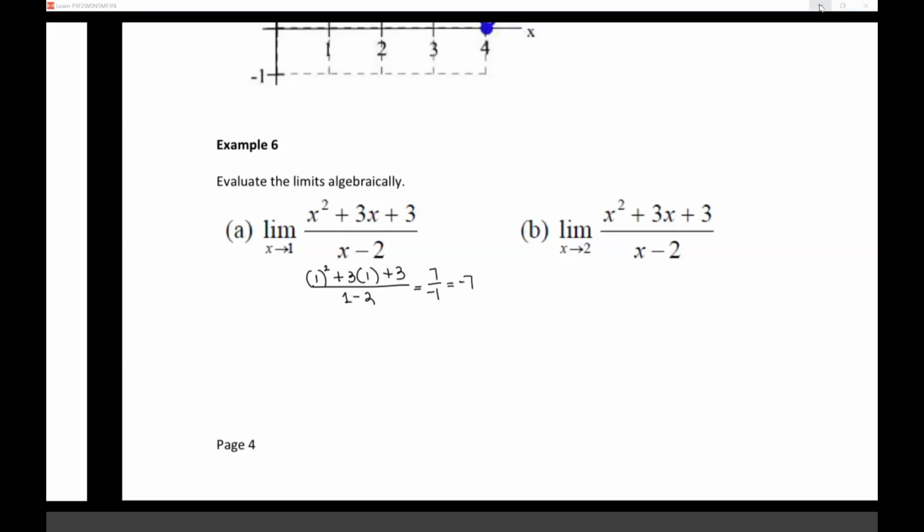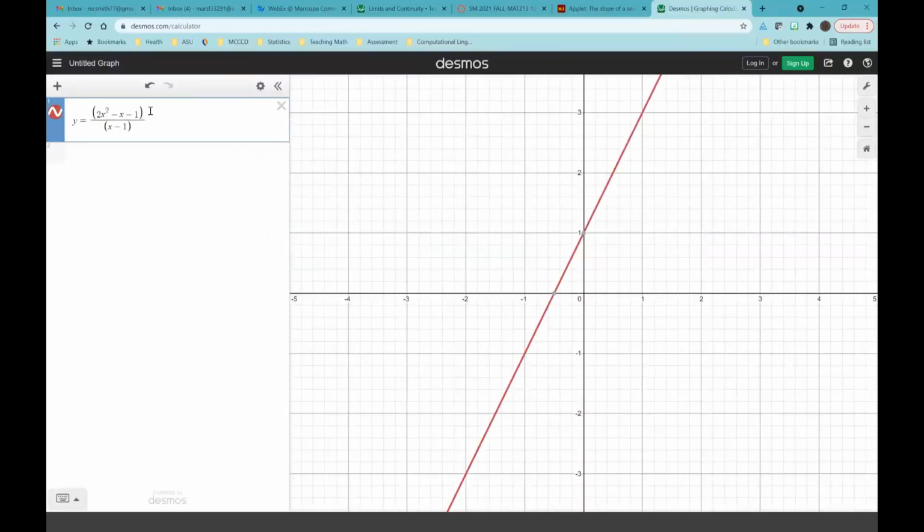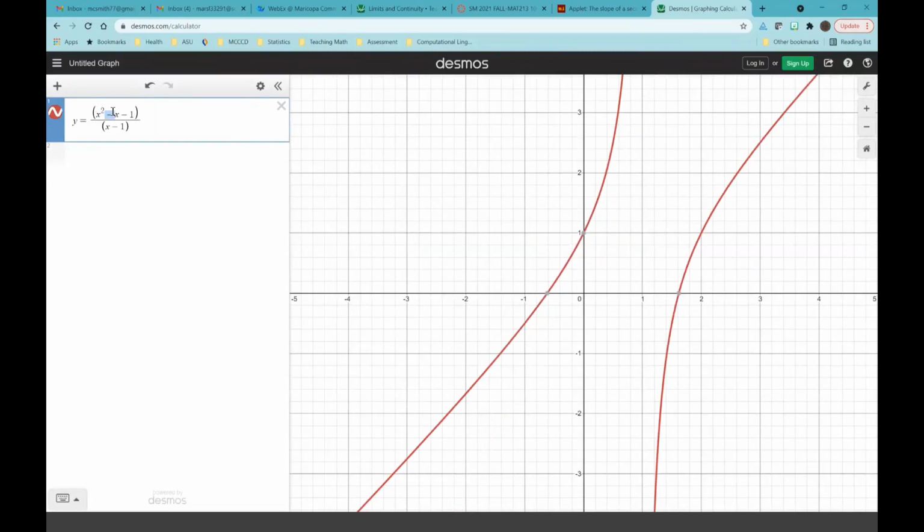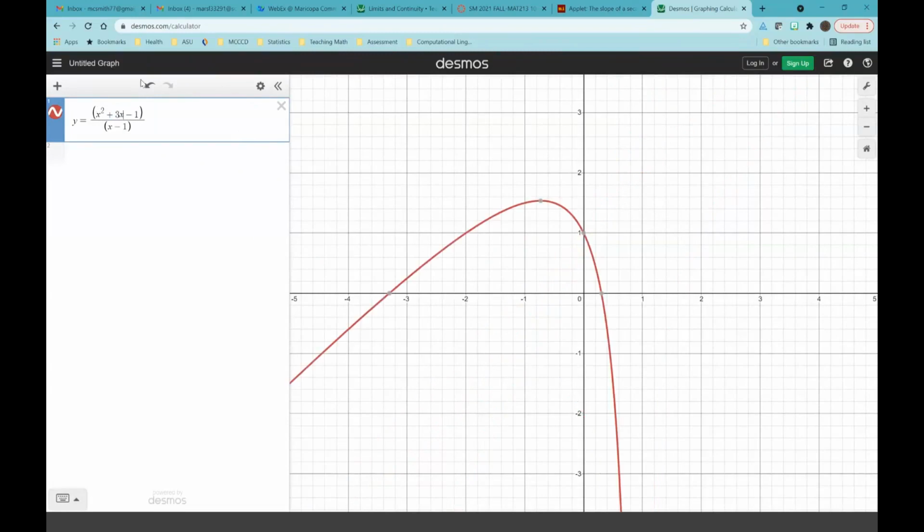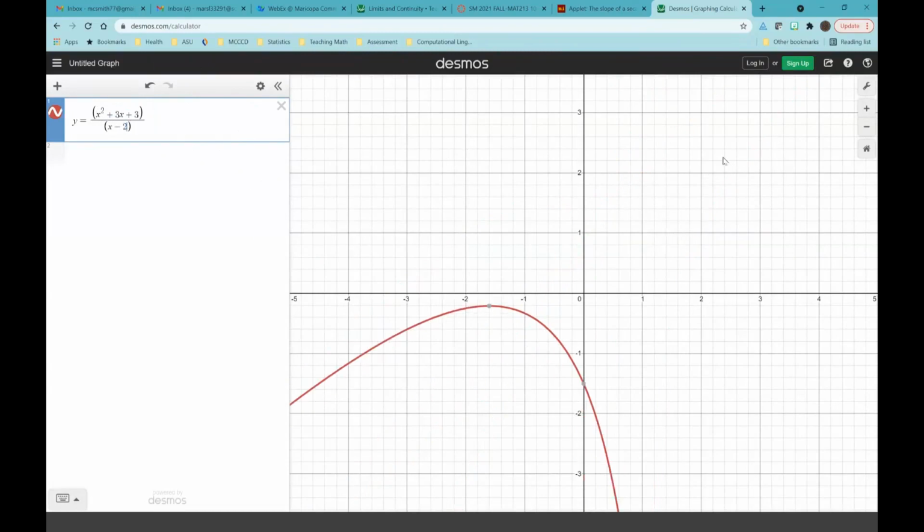Just a quick switch over to Desmos to prove what I'm saying. I'm going to repurpose my equation. So basically they wanted to know about the limit as x approaches 1.